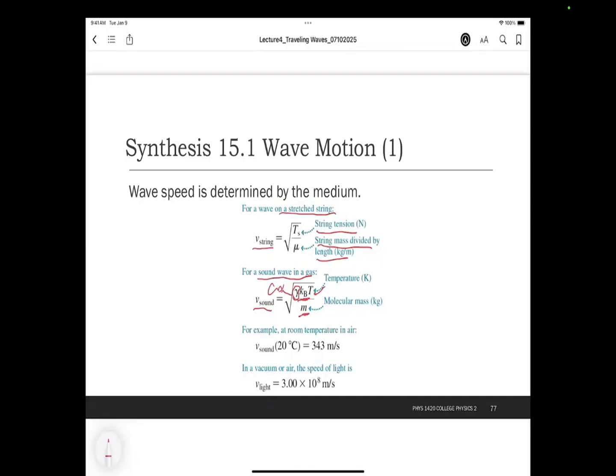For example, if you are on the planet Mars, where there is only CO2, you can use the molecular mass to calculate this. We have already talked about one example. You can review that. For example, at room temperature in air, the sound wave velocity is just like this. And in a vacuum, the speed of light is this.